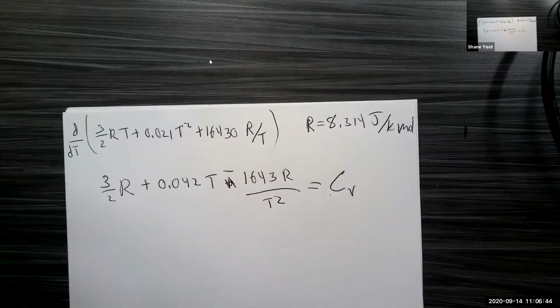I tend to remember it as 8 point pi, right? Pi is 3.14, blah blah, so it's 8.314.